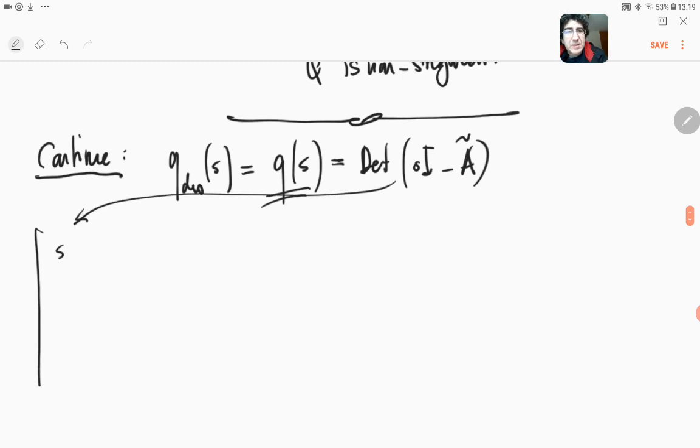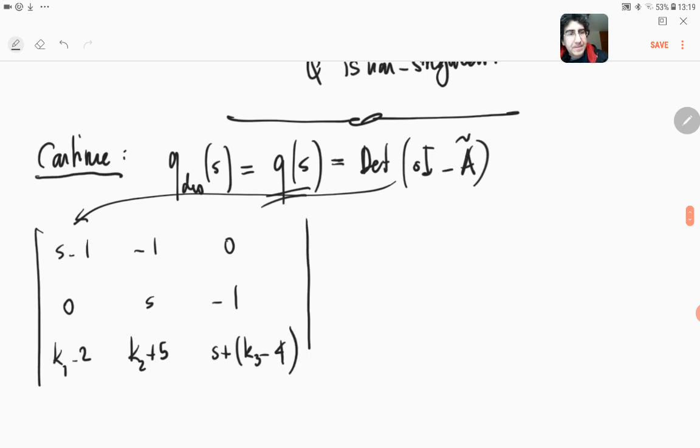so that is s minus 1, minus 1, 0, 0, s minus 1, and k1 minus 2, k2 plus 5, and s plus k3 minus 4. Again, we can basically do the same kind of determinant calculation.